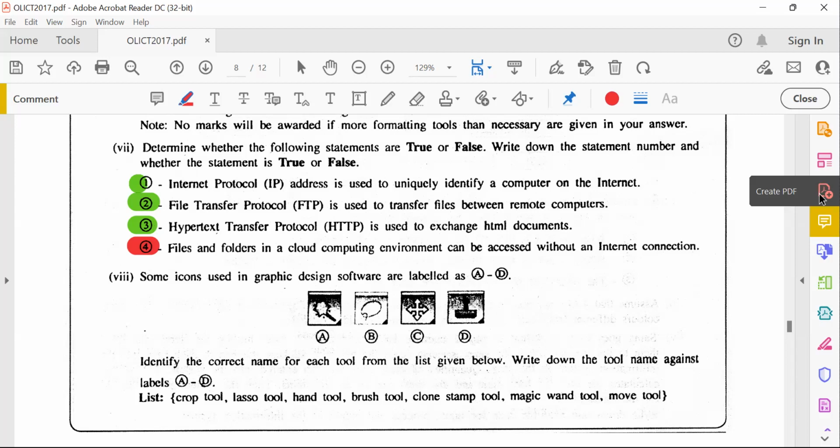In question number 8, it says some icons used in graphic design software are labeled as A to D, right? So you have been given a list of names. What are the labels?